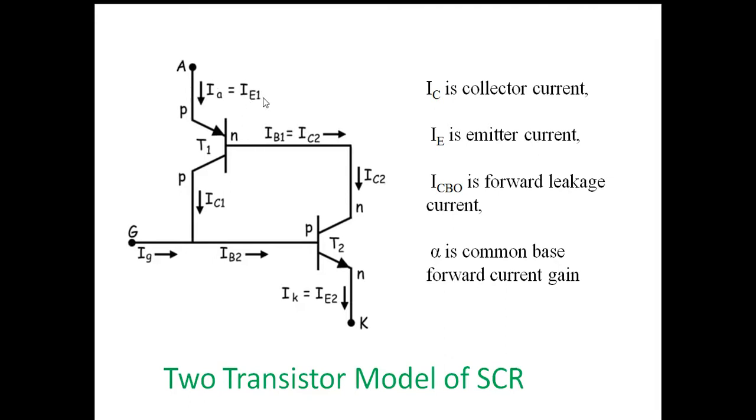The anode current is equal to the emitter current of transistor 1, and this is the base current of transistor 1. IC1 indicates the collector current of transistor 2. Similarly IB2, IC2, IE2. This is the gate current.